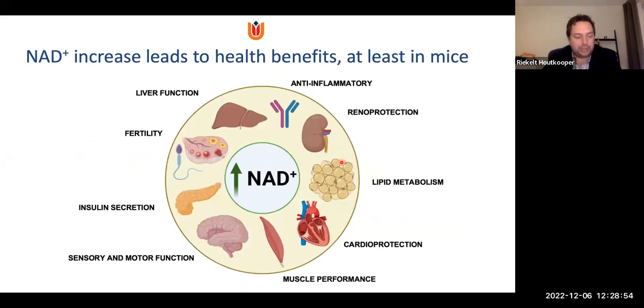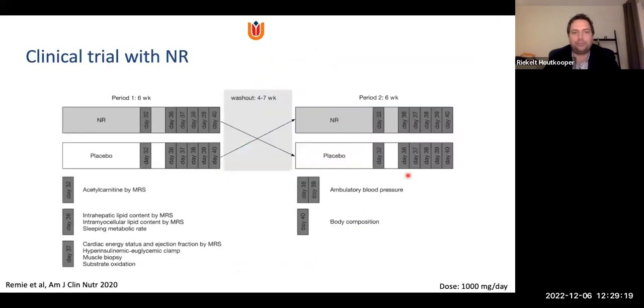So we've seen by now that in all these preclinical models of age-related diseases, NAD boosters, NAD precursors, improve function. So it could be liver function. There's studies published on fertility, insulin secretion, basically any and all of these various parameters where NAD takes center stage and is improving the phenotype.